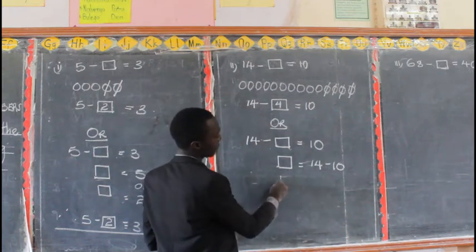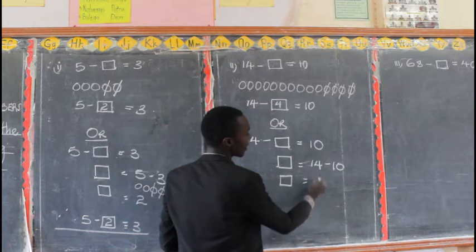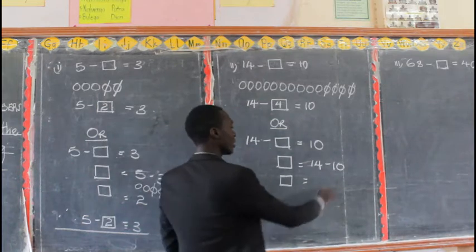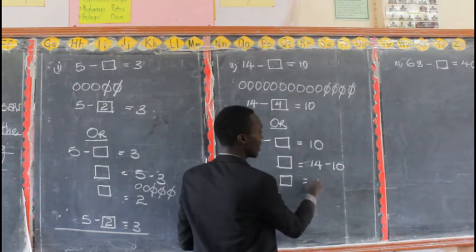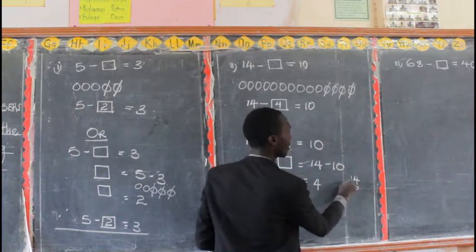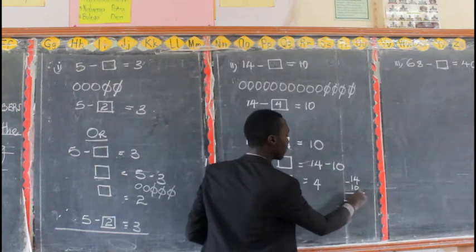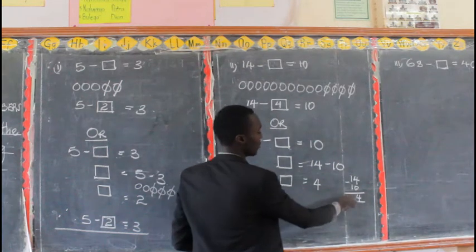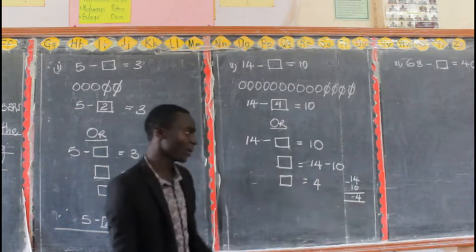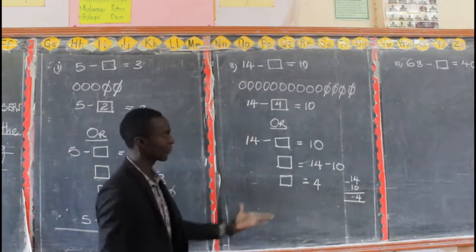You therefore say my box is equal to 14 minus 10. You try to subtract 14 minus 10. 4 minus 0, you get 4. Here 1 minus 1, you get nothing. So you remain with your 4. My box is equal to 4.